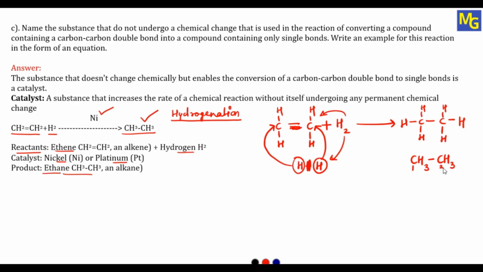So if carbons are 2, then it is called eth. Because of single bond, it is called ane, ethane. And in the reactant side, if we see carbon 2, so it was eth, and it was a double bond, so it was ene, so it was ethene. So ethene converts into ethane with the help of catalyst called nickel or platinum. So this was the answer for this question C.